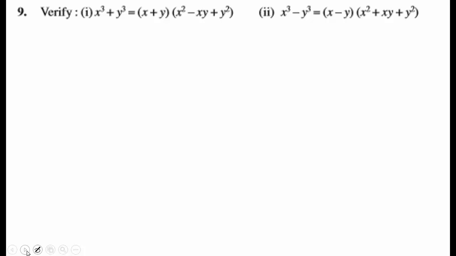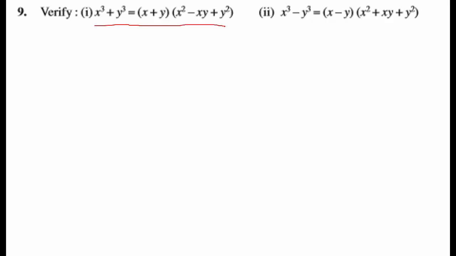Now, our next question is: verify x³ + y³ = (x + y)(x² - xy + y²). Now, we have not learned this type of identity, but it is also an identity which is used in many numericals.